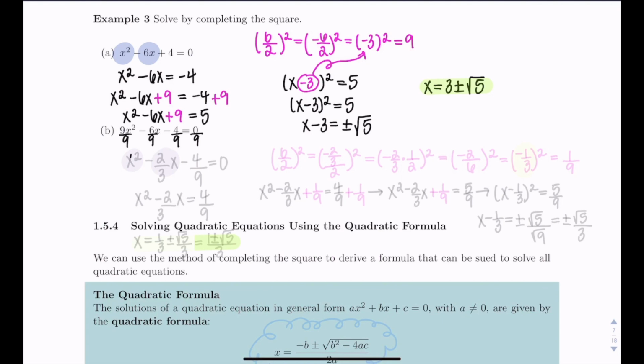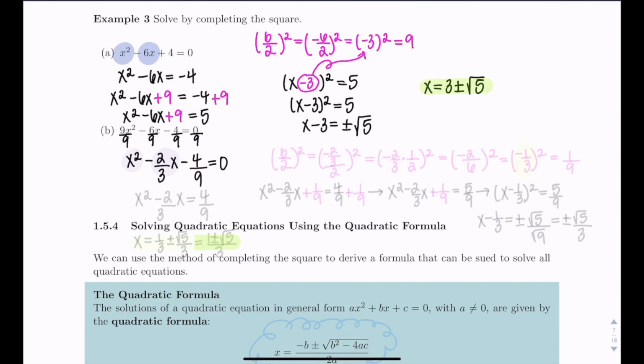So we have x squared minus 6 over 9, which is really 2/3, minus 4 over 9 equals 0. So now we have our coefficient of 1 with the x squared term.